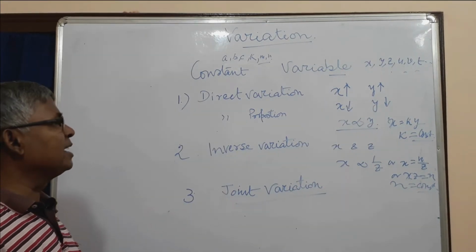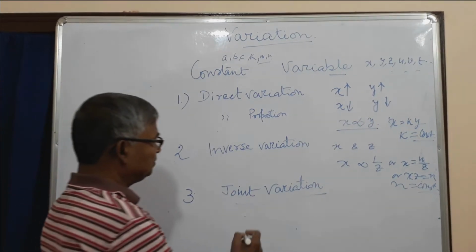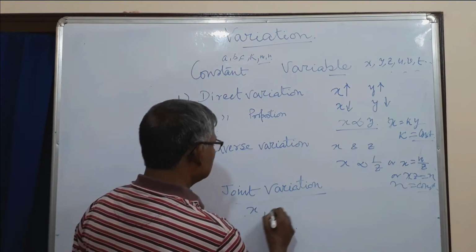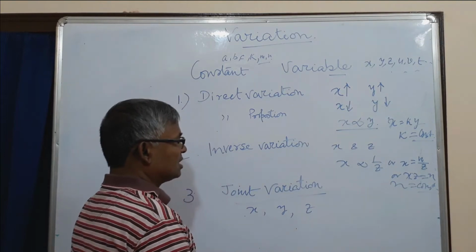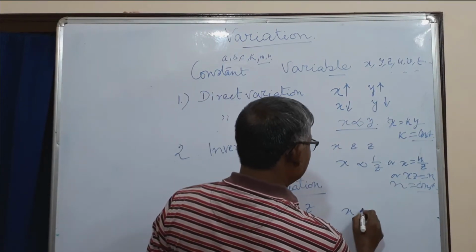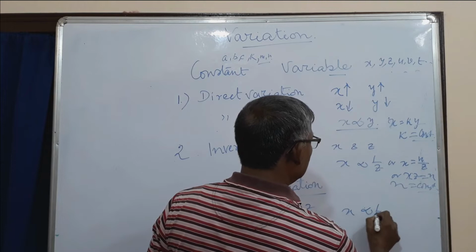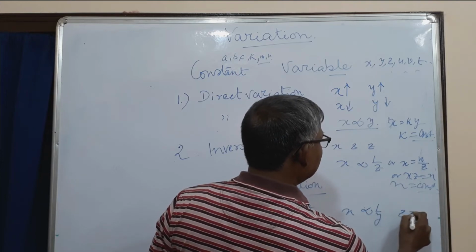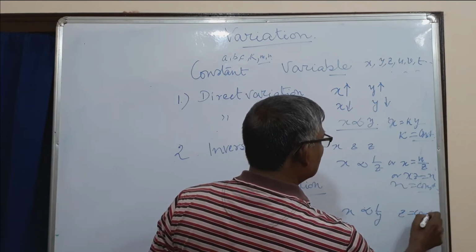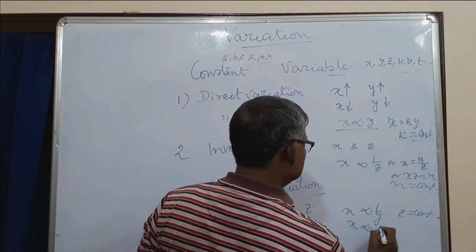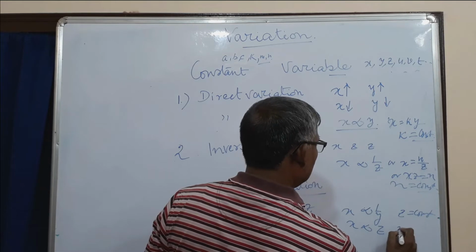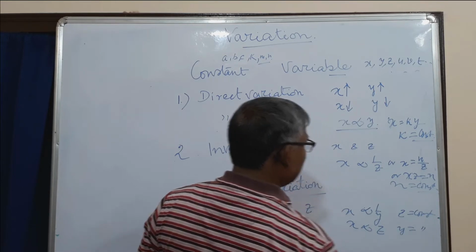Now, what is joint variation? Suppose x, y and z are three variables such that x varies 1 by y when z equals constant, and x varies z when y equals constant.